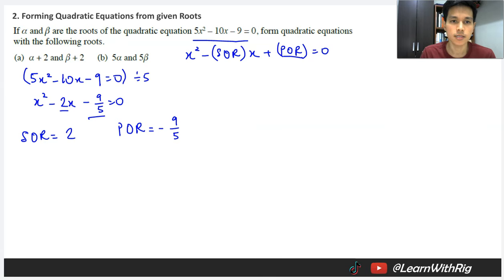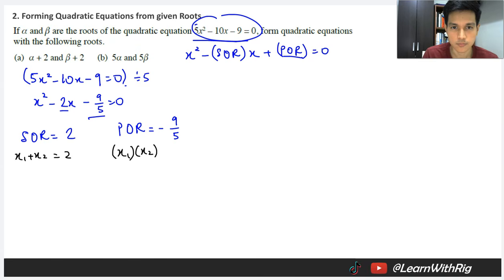Now, based on this equation, they told you that the two roots are alpha and beta, correct? So the original form is the sum of roots, x1 plus x2, equals 2. And x1 times x2 equals negative 9 over 5. That's the original way of writing it.